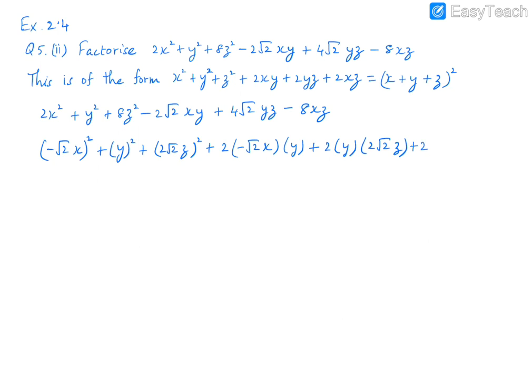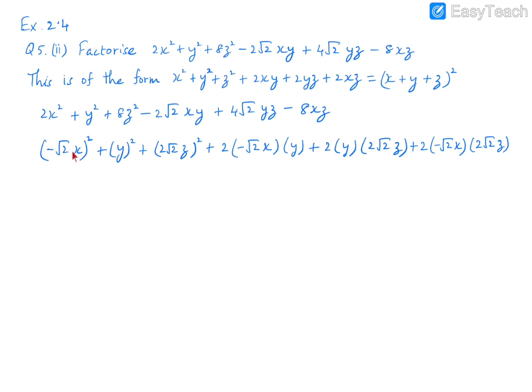So it will be plus 2 times xz. In place of x we have minus root 2x, and in place of z we have 2 root 2z. Okay, so that's our final expression, and we just have to simplify this and see how it relates to the right hand side of the identity.